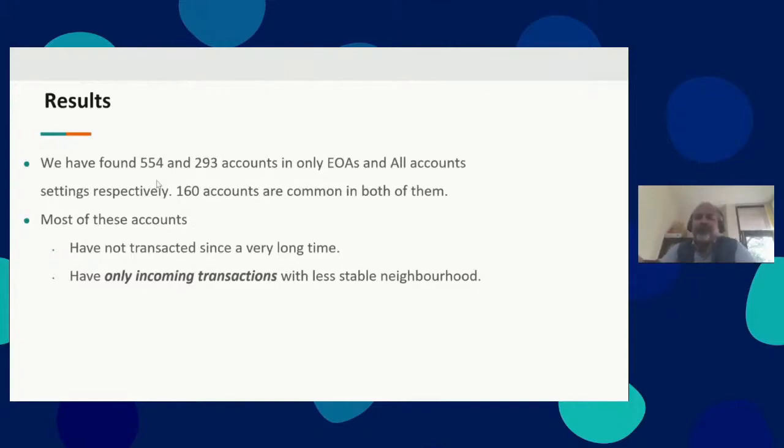What we found is that most of these accounts which have been predicted by our algorithm as malicious have been dormant for a while. They haven't transacted for a while, or have only incoming transactions with a very high attractiveness, that is, a less stable neighborhood. In most cases, this must be either a Ponzi scheme account or a phishing account.